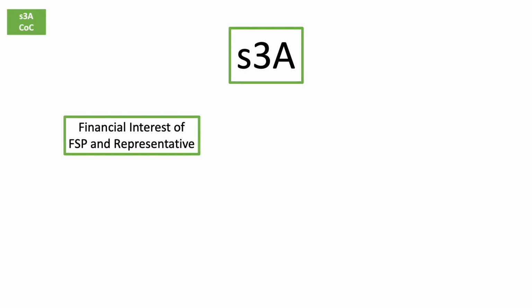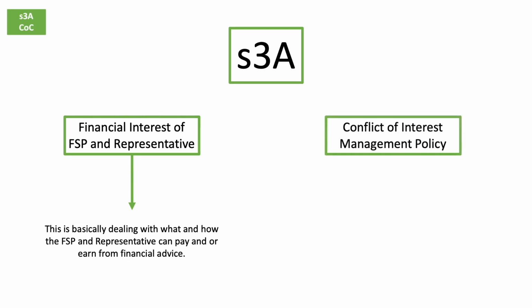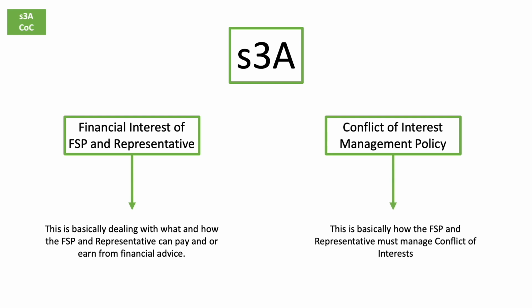Section 3A, relating to the financial interest of the FSP and representative, is basically dealing with what and how the FSP and representative can pay and or earn from providing financial advice. This section also covers the conflict of interest management policy, which is basically how the FSP and representatives must manage conflicts of interest.